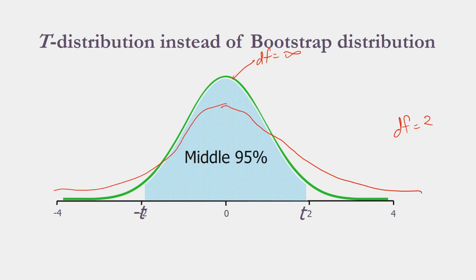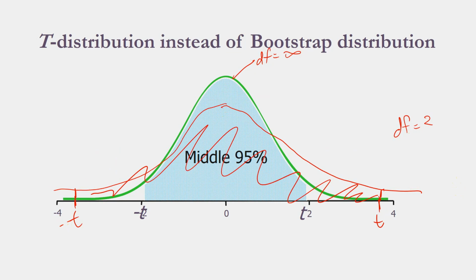But anyway, to get the middle 95% of that shape, because you've sort of lost this bit, it's going to end up over here and over here because the tails are fatter. So the middle 95% of that new one is probably going to come all the way out to here. So the t multiplier number is now going to be all the way out there at the new 95%.